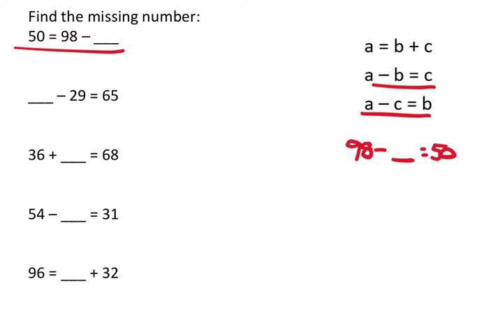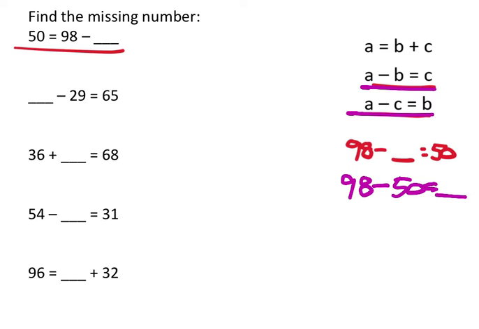If we can get these numbers, the 98 and the 50, on the same side, then we can operate directly instead of having to think what number goes in the blank. Some of you may know that number pretty quick, and that's okay too. But I can change this to this one, meaning 98 minus something is the same as 98 minus 50 equals that same blank space.